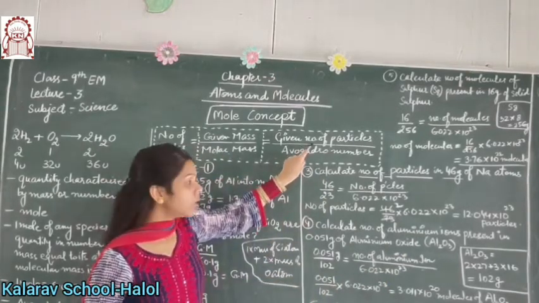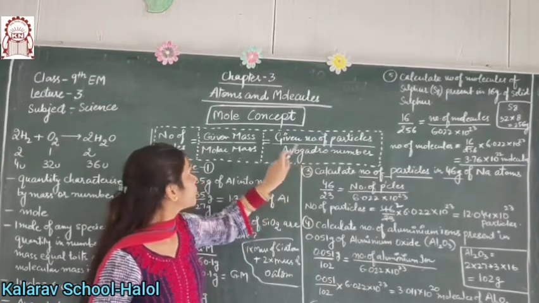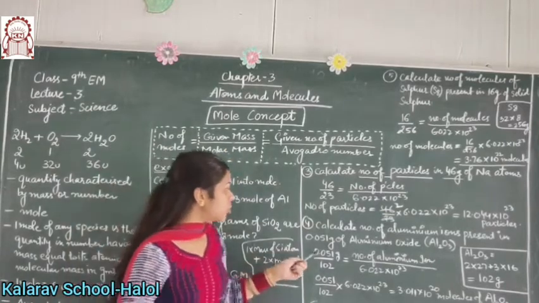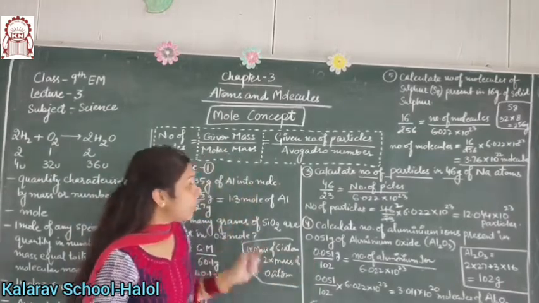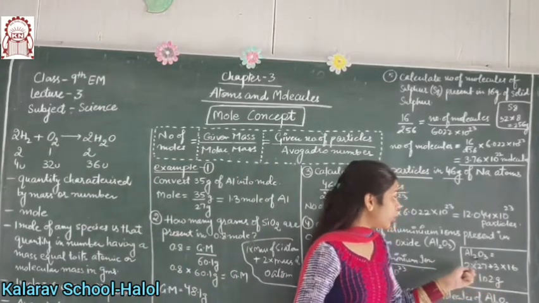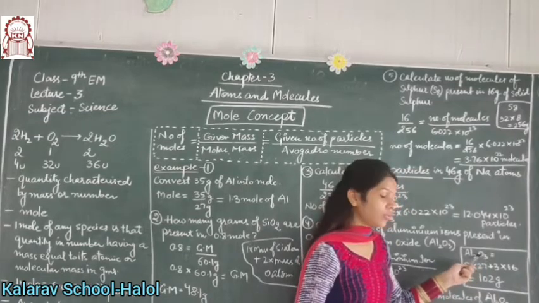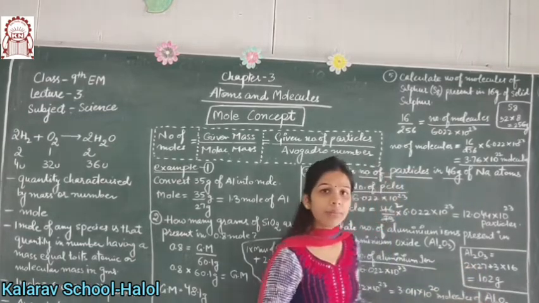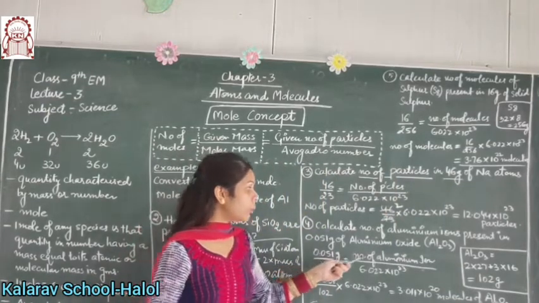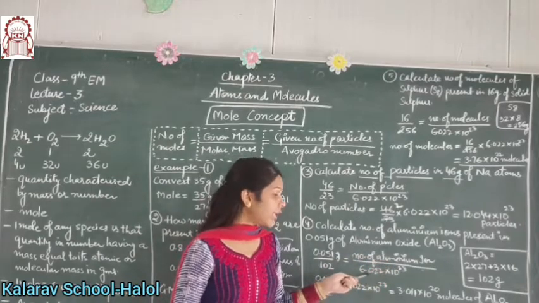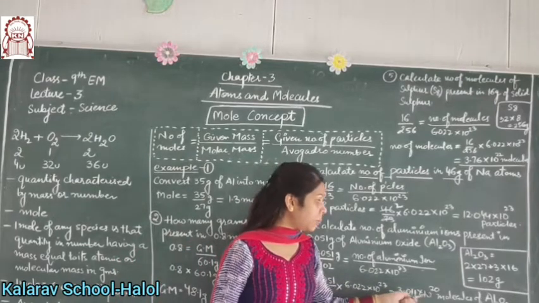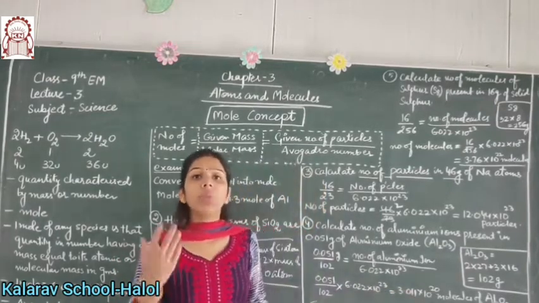We are given the given mass, 0.051, and we know the Avogadro number. The molar mass is found like this: 2 into 27 plus 3 into 16, 2 into mass of aluminium plus 3 into mass of oxygen. We get 102 gram, that is the mass of aluminium oxide. By solving this, we get 3.011 × 10^20 molecules of aluminium oxide.